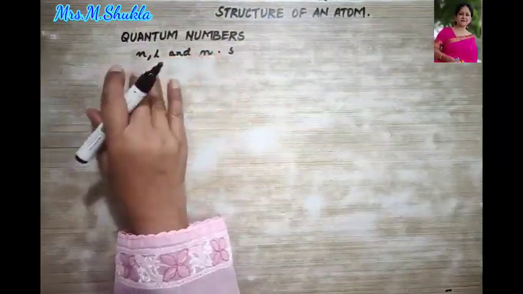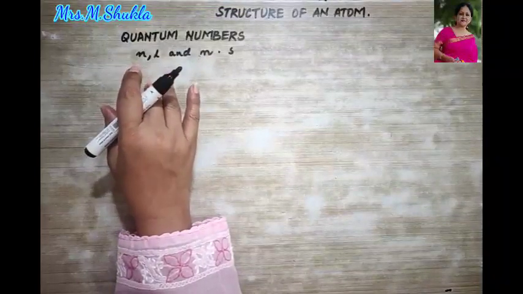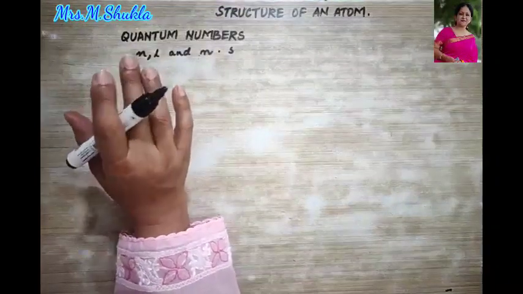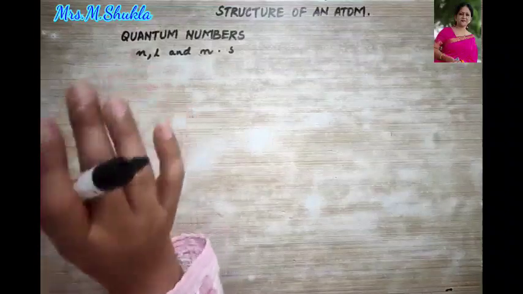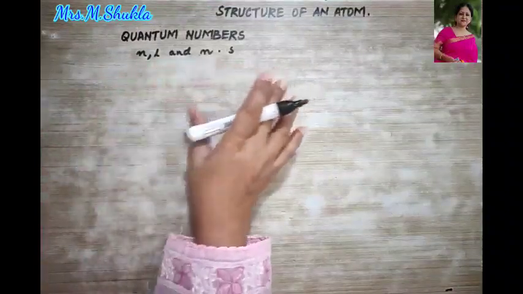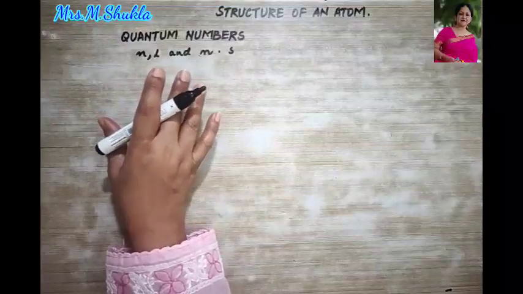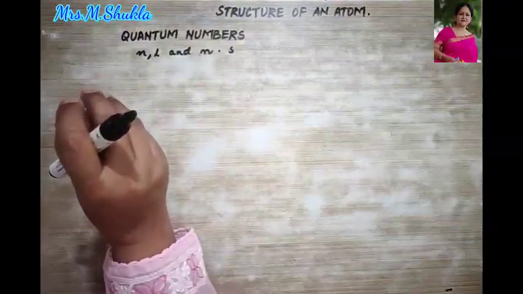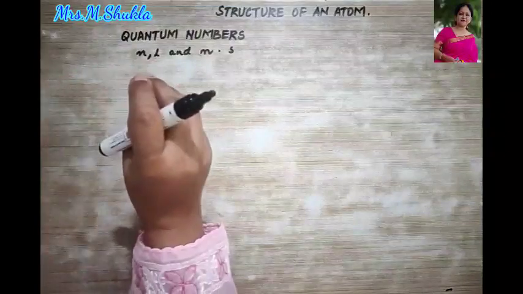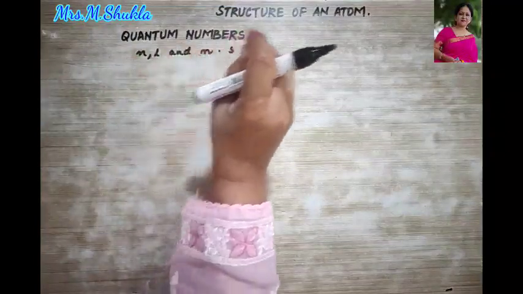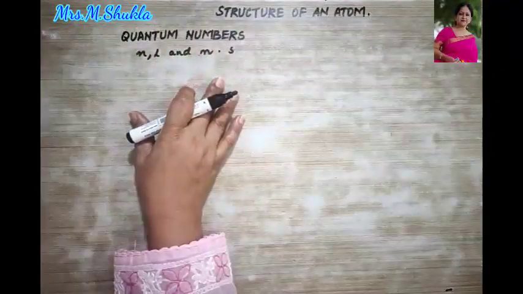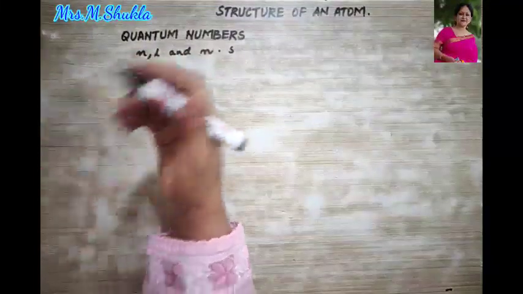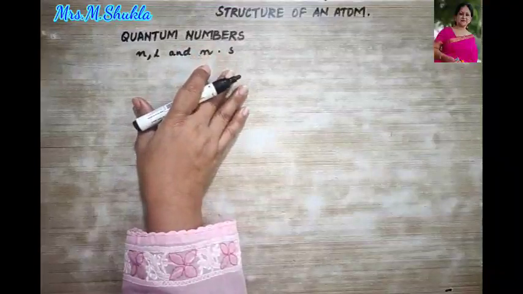Similarly, these four identification numbers are required so as to find the particular electron that is present in an atom. I also mean to say that these numbers are just like the postal address of a particular electron in an atom. Thus, how can we define quantum numbers?